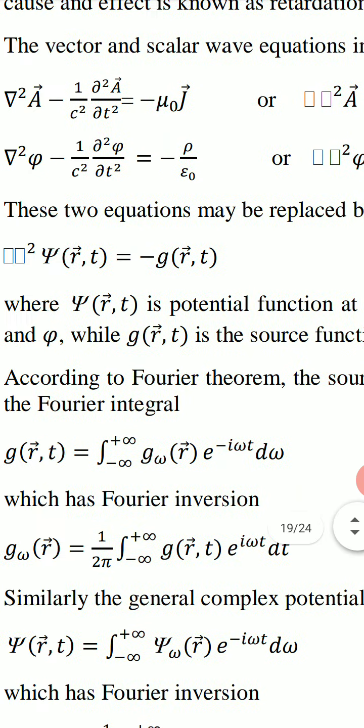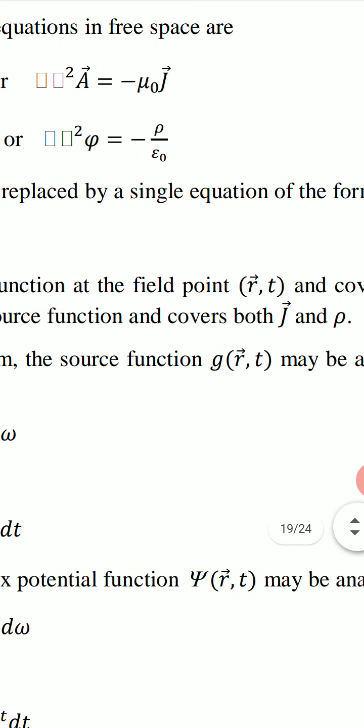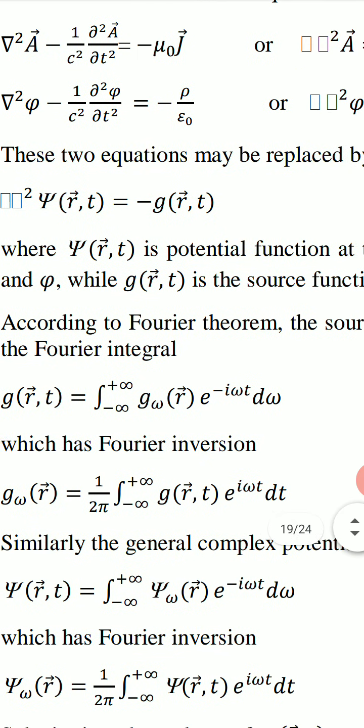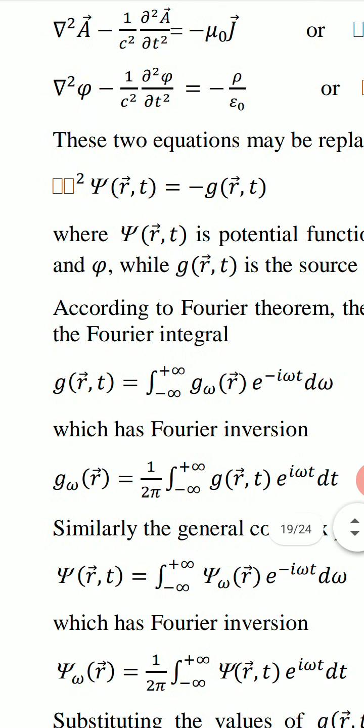These two equations, equations 1 and 2, which are wave equations for vector potential and scalar potential, may be replaced by a single equation of the form D'Alembertian psi equal to minus g.